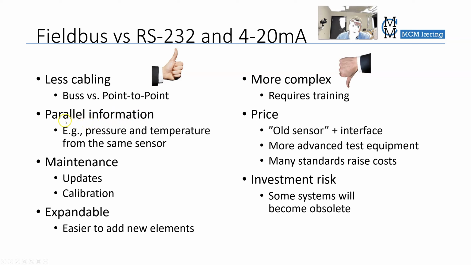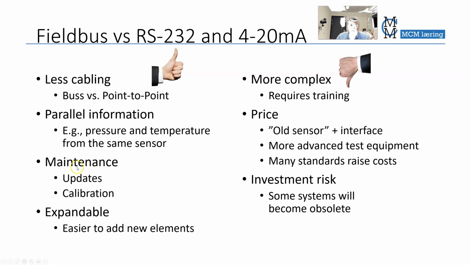For example, in an earlier presentation we looked at the pressure and temperature sensor, which sends both. So it senses two things and sends it in a digital manner. In 4-20 milliamp current loops, you can only send data from one kind of measurement.